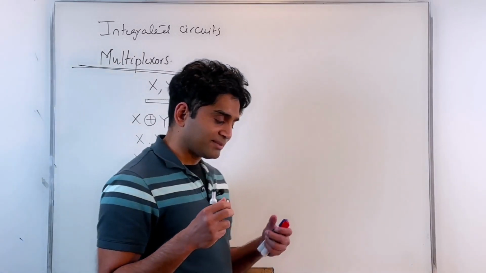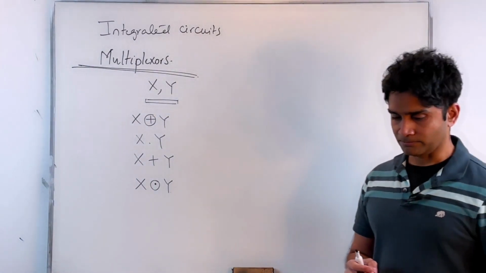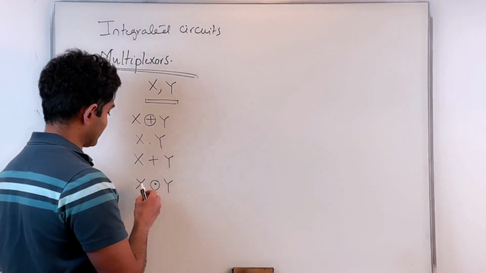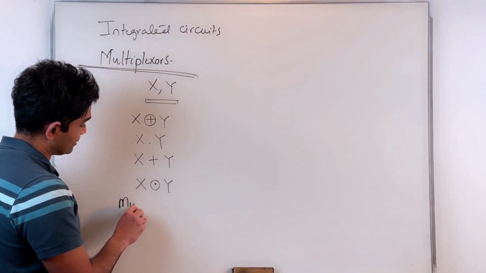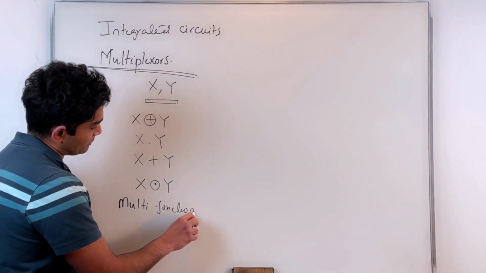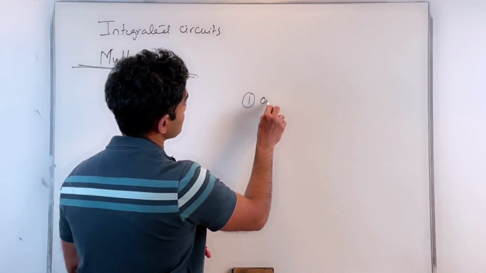I want to design a piece of hardware that can give me all of those functionalities, that can be configured to be multifunctional, right? So I would like a piece of hardware to be multifunctional here. The hardware should have one output.